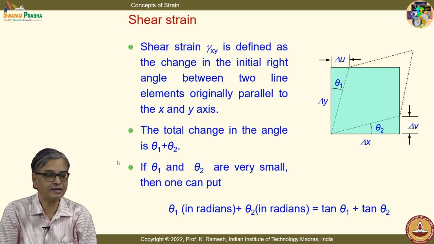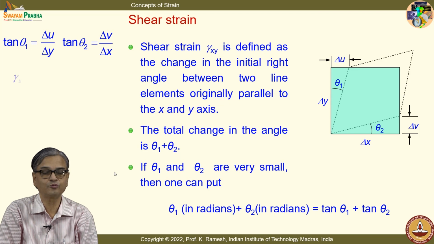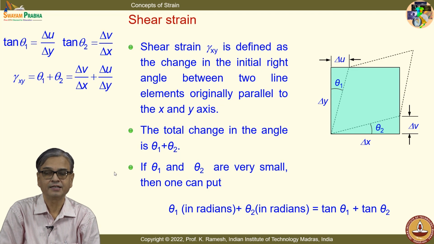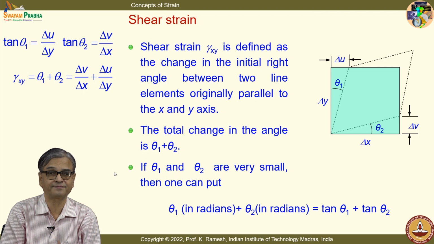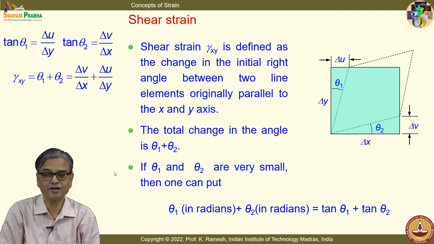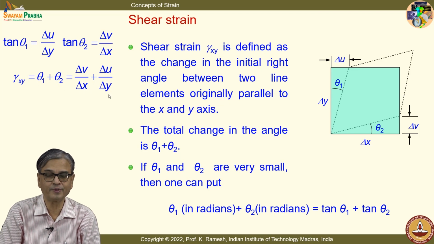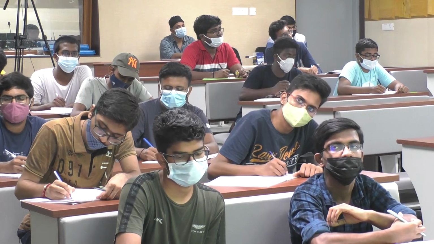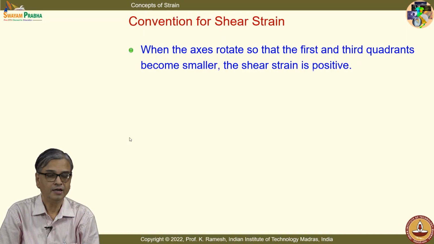So, when I do that, tan theta 1 is delta u by delta y, tan theta 2 is delta v by delta x, and you have gamma xy, and I should also tell you that this is labeled as engineering strain. Okay. It is theta 1 plus theta 2, delta v by delta x plus delta u by delta y. We would soon see later that we will use only half of gamma xy when we express this as a tensorial quantity. And what is the convention?